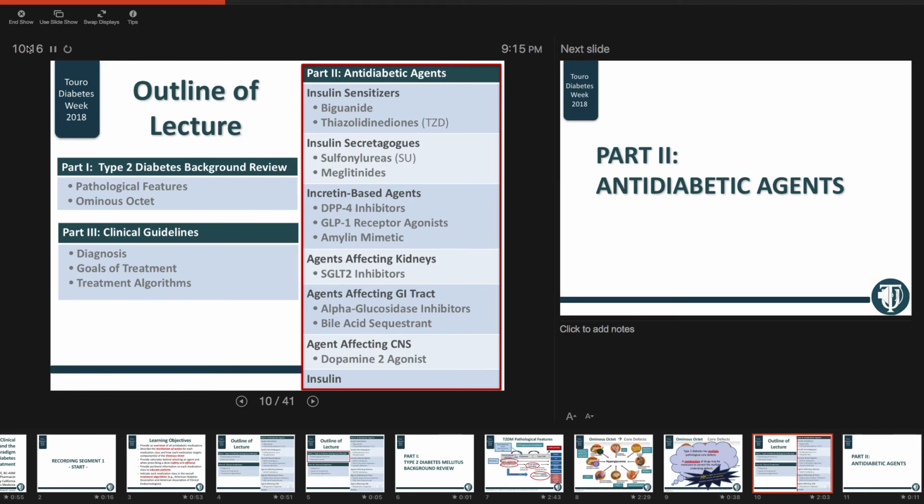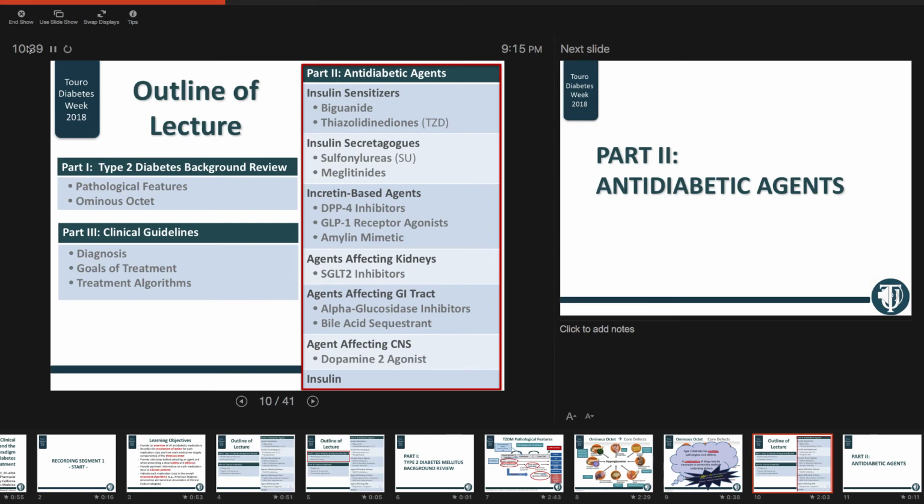The next class would impact our kidneys. They're called SGLT2 inhibitors. SGLT2 stands for sodium-glucose transporter 2 inhibitor.